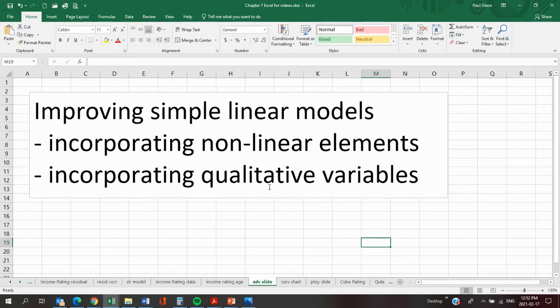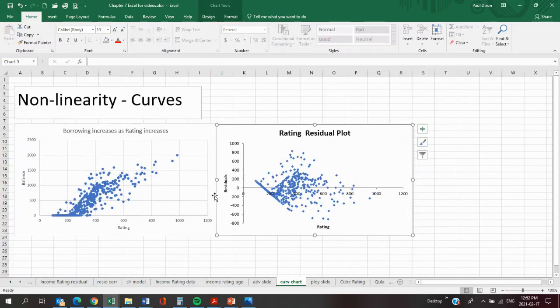What's the marital status? Is the person a student, male or female? What's their ethnicity? So there's some qualitative information I've not used yet. There's other information not used because it was qualitative. And then there's my restriction on it being a straight line. So let's first look at the curvy part.